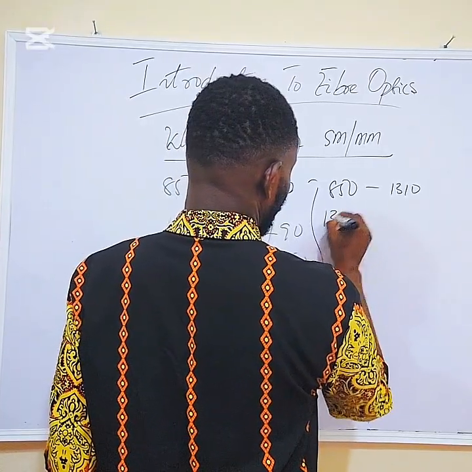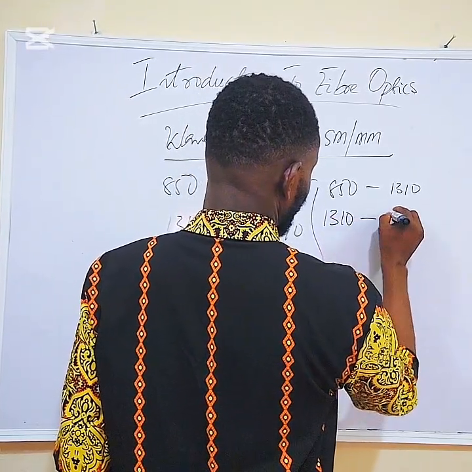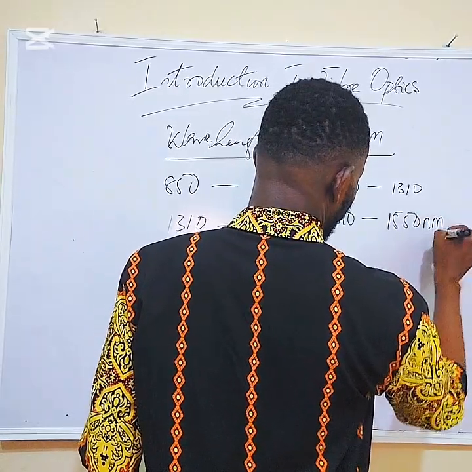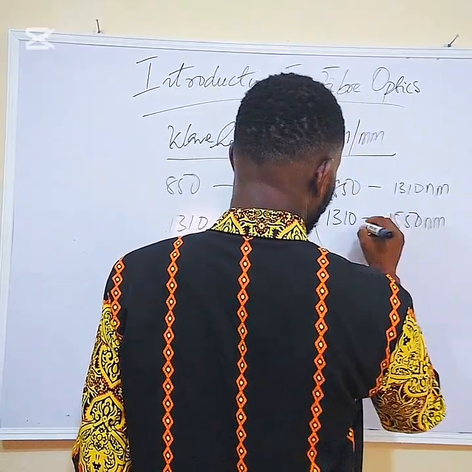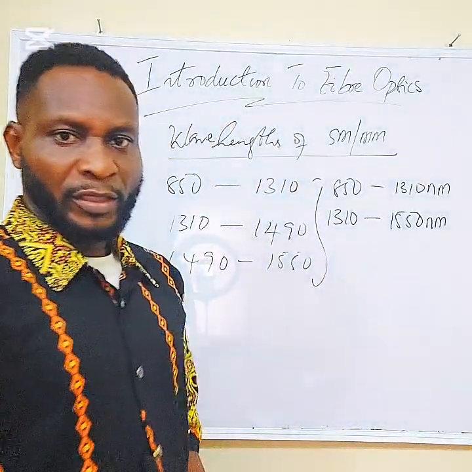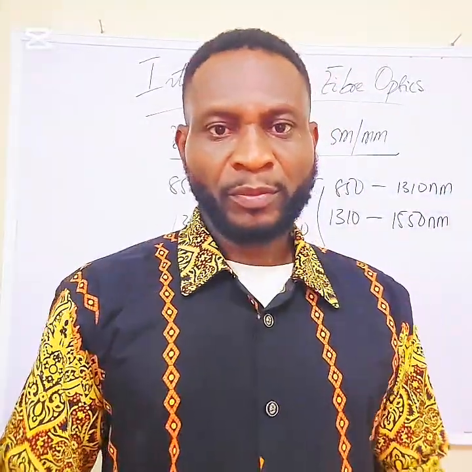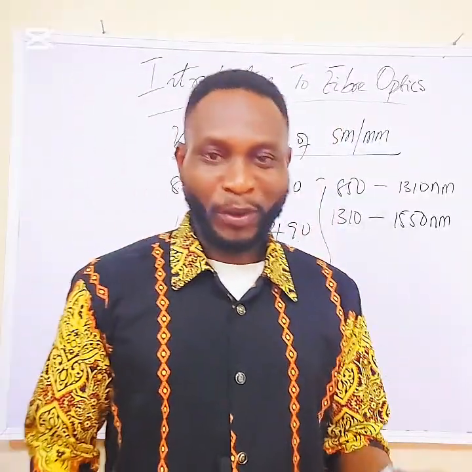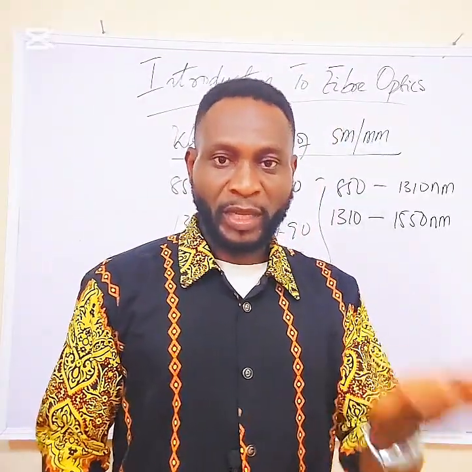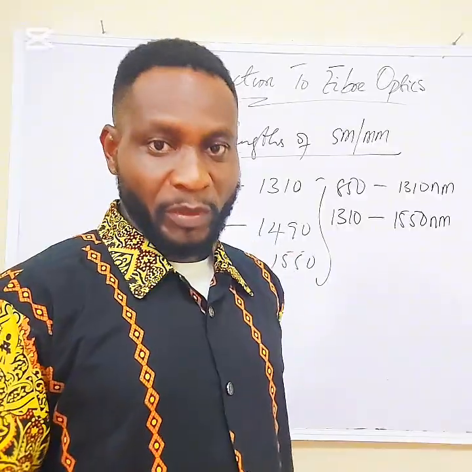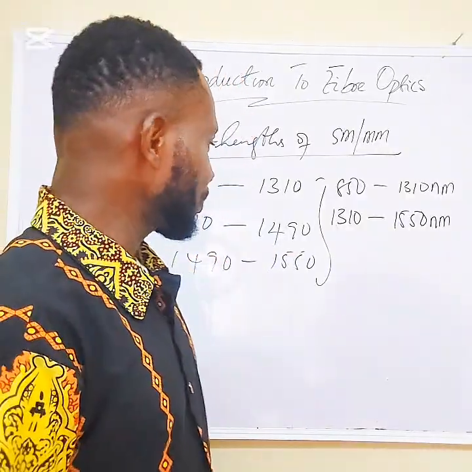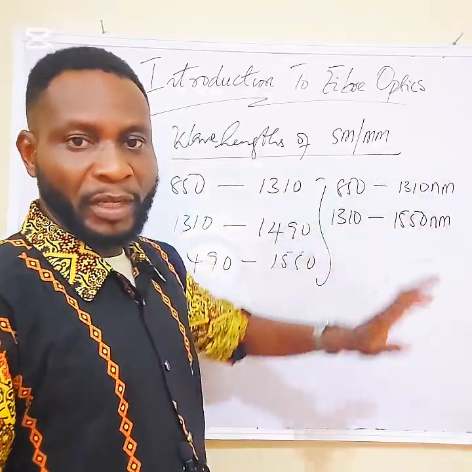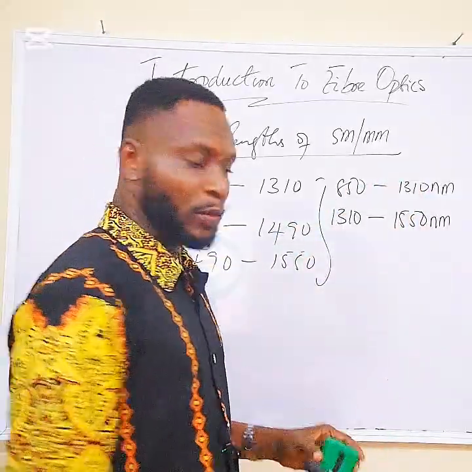So we say 1310 to 1550 nanometers, and this is their wavelength. I mentioned frequency, which also applies to microwave transmission. Just have this commonly in your head. It governs the whole thing we are doing here.